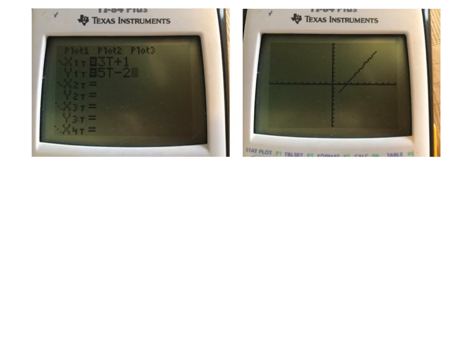Here's just one more example of an oblique parametric equation where x is equal to 3t plus 1, y equals 5t minus 2. You'll notice those values that you add correspond to where the graph starts, and it's oblique with a slope that's going to be defined by the coefficients of t.